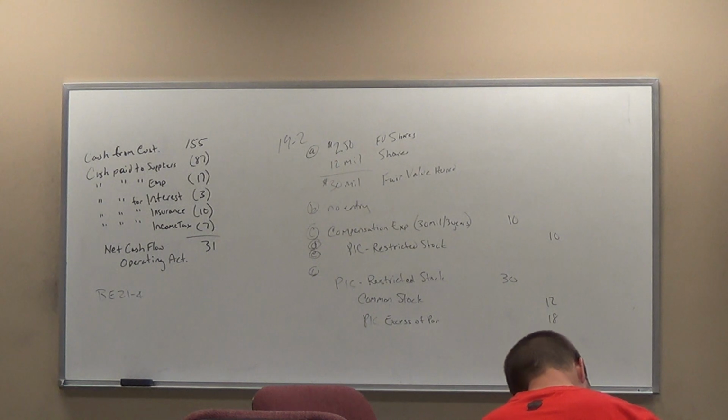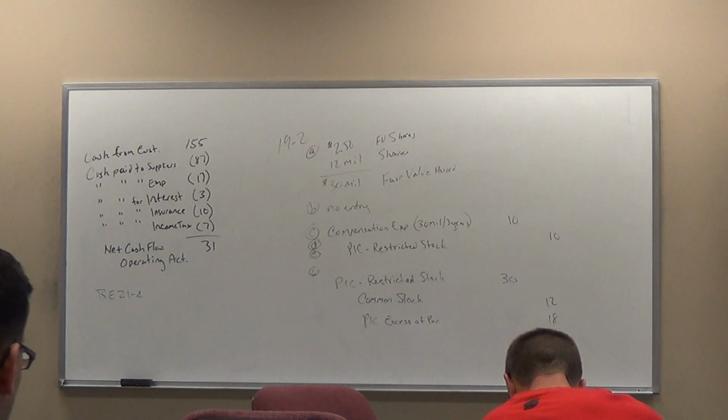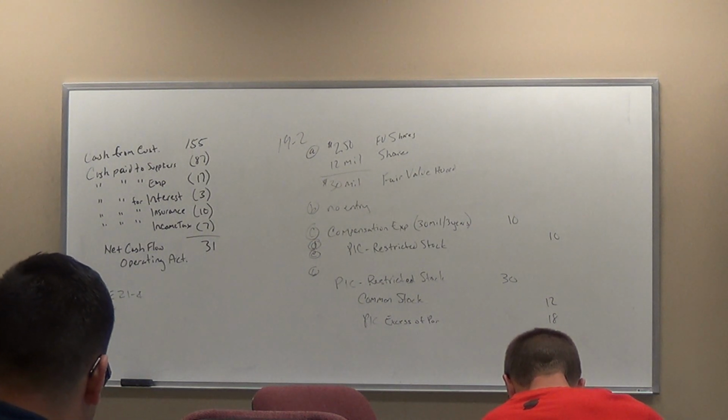Pretty easy to do here. Prepare a summary entry, kind of like we did back in the other problem, that represents the effects of the salary expense incurred and paid during the reporting year. All right, so what will we do there? I'll give you guys a moment to figure that one out, and then I'll put it up there. Pretty easy. So what will we get?